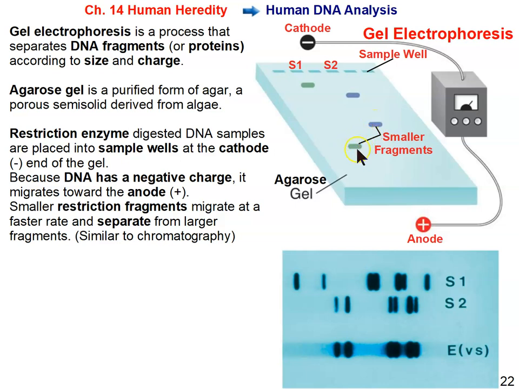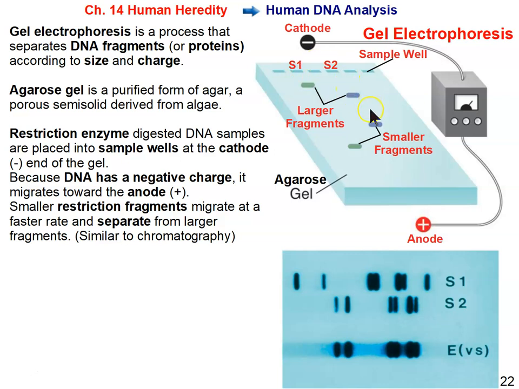This one moved the farthest, therefore it has the smallest DNA fragments, and this one moved a little bit less far, therefore it has somewhat larger DNA fragments. It's the same for these. This band represents DNA fragments that are larger still, and then the largest are the band here. But within each band are the same size fragments.